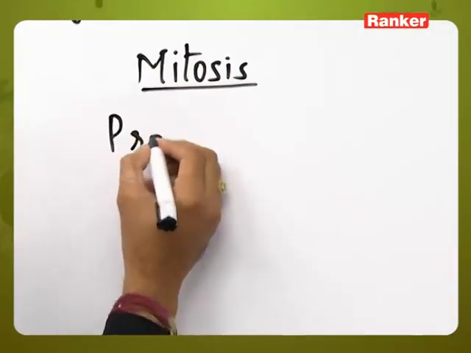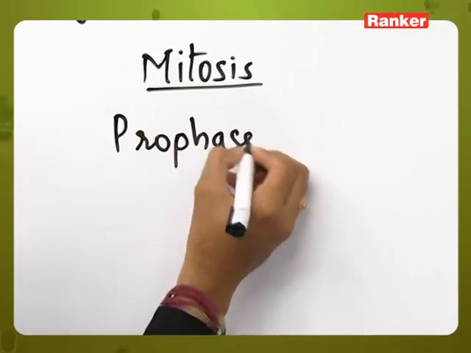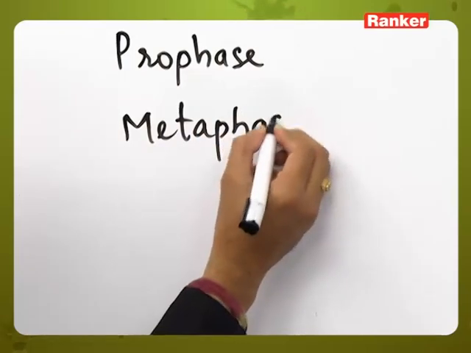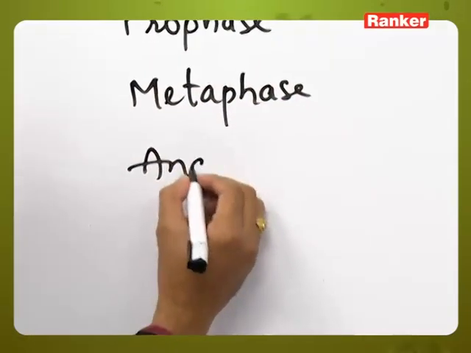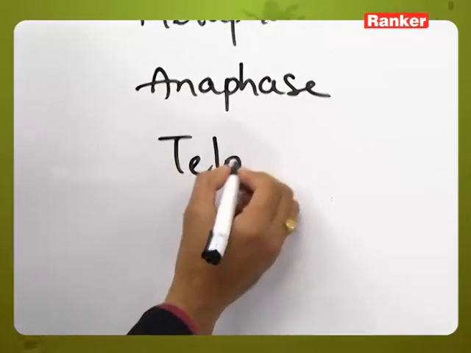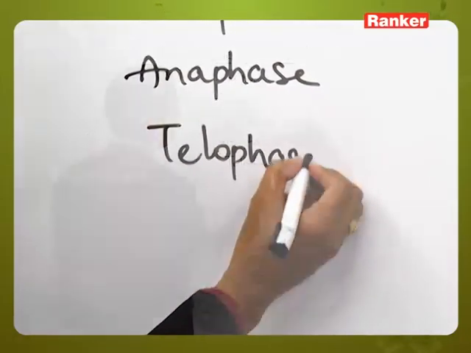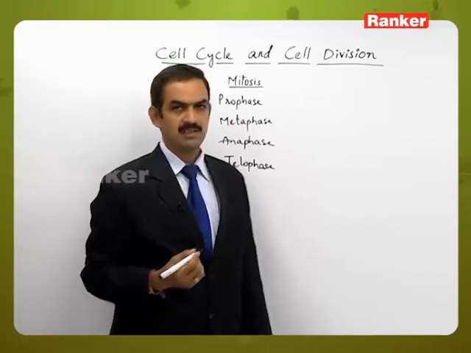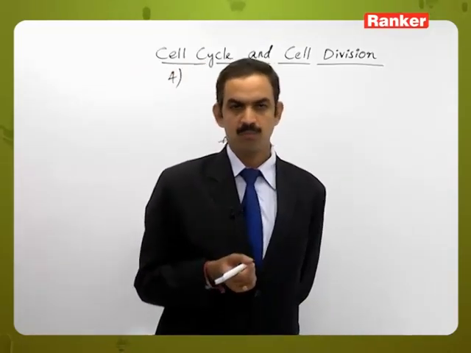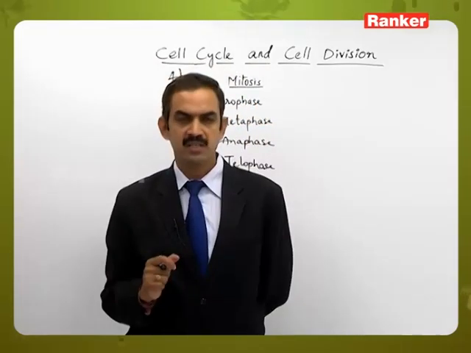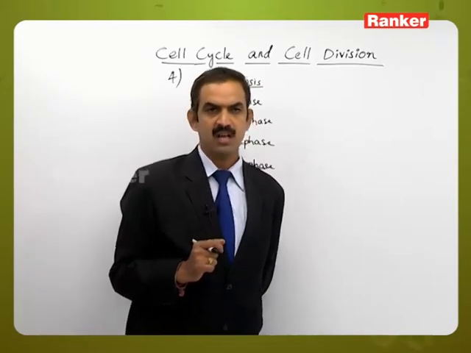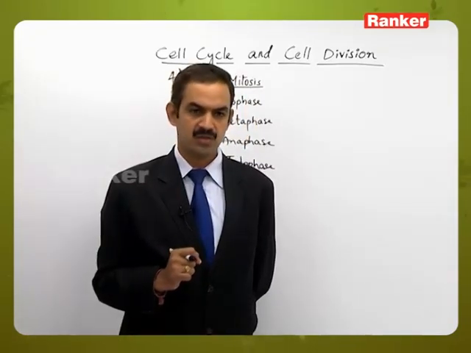there are 4 stages: prophase, metaphase, anaphase, and telophase. After interphase, the cell will enter the division phase, that is, the prophase, where during the interphase the chromosomes will be spread inside the nucleus, and they are slender and thin structures.